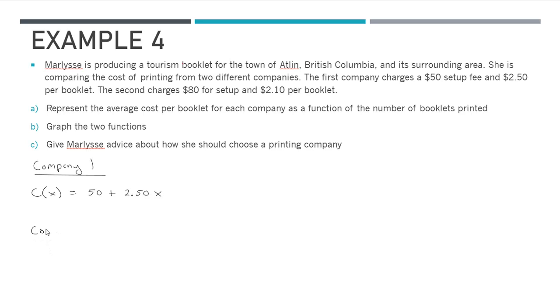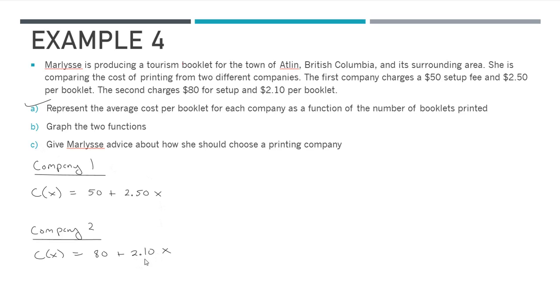So for company 2 then, we're going to have C of X. This time we have $80 for setup plus a little bit cheaper per booklet though, so we get $2.10. And that's actually it for A. Done. B, graph the 2 functions.